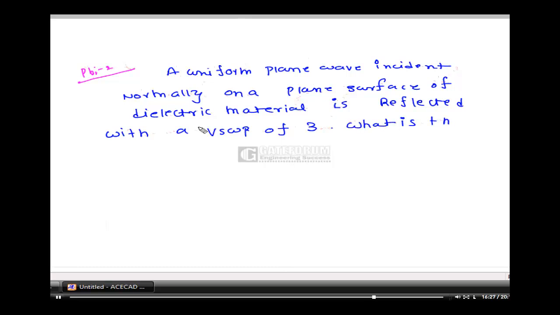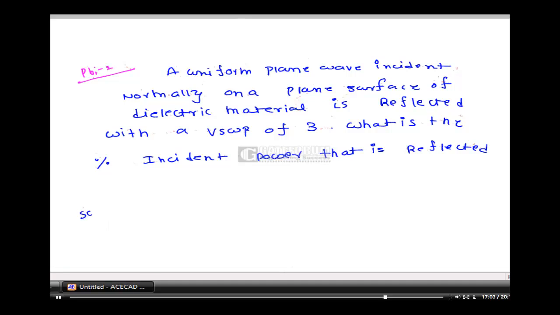What is the percentage of incident power that is reflected? A uniform plane wave incident normally on a plane surface of dielectric material is reflected with a VSWR of 3. What is the percentage of power that is reflected?